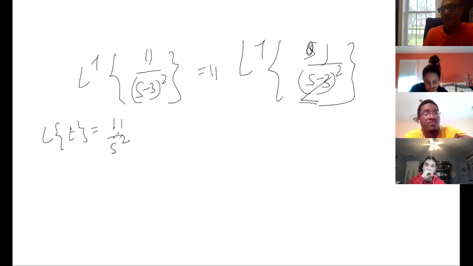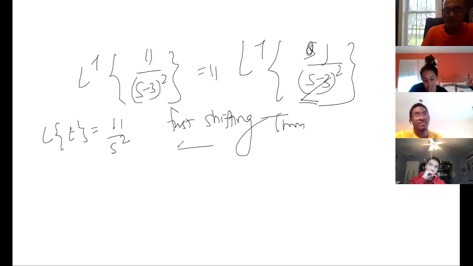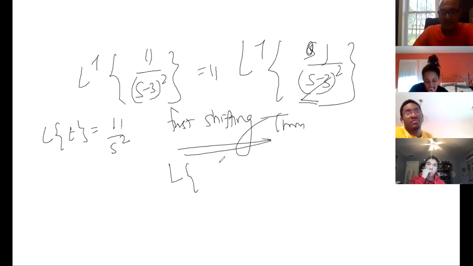We are going to learn the first shifting theorem. The first shifting theorem says that if you have any function f(t) that is multiplied by e to the power at, the Laplace transform of e to the power at f(t) is F(s minus a).